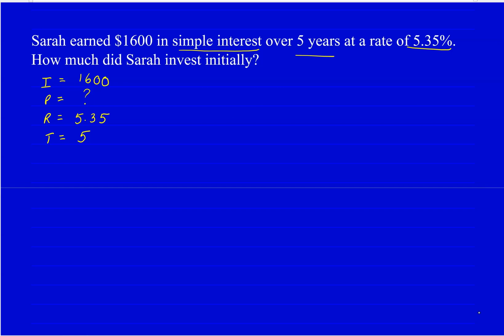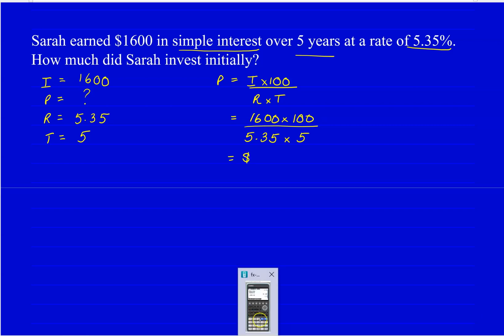Again, we look at our formula to find the P, the principal. It's I times 100 over rate times time. And in we go. So 1,600 times 100 all over 5.35 times 5. We're finding a dollar amount here.